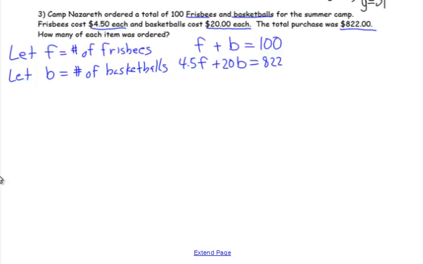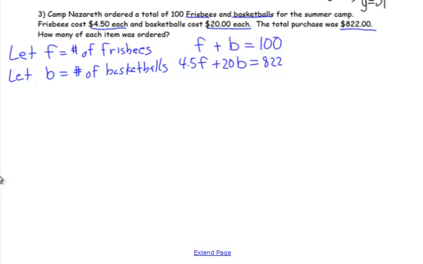All right, so the question that we now have is, what method are we going to use? Well, as I look at this, to me this looks like it's set up nicely for elimination, because I've got the frisbees over the top of themselves, F there, and I've got B over the top of itself.